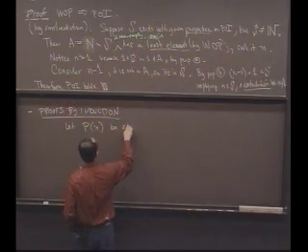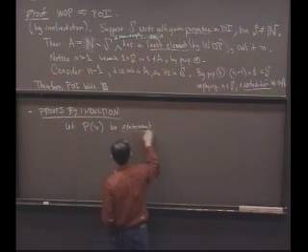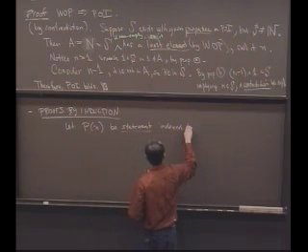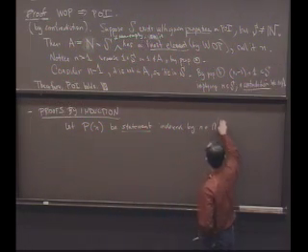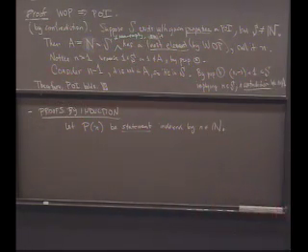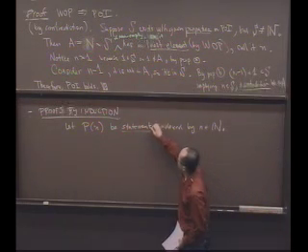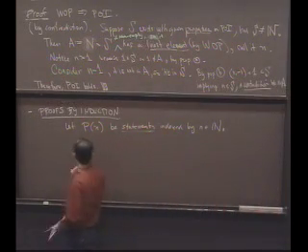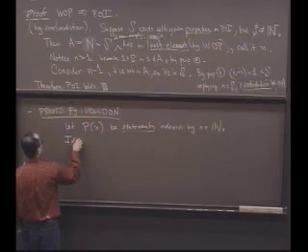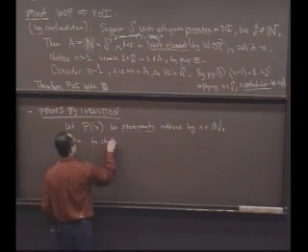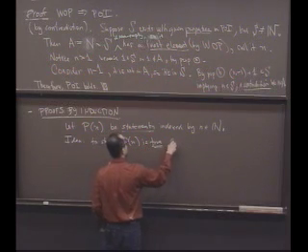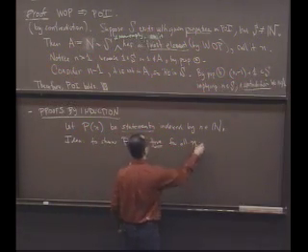Let P of n be a statement indexed by the natural numbers. Maybe I'll say let P of n be statements, indexed by the natural numbers. And so the idea then is to show P of n is true for all n.